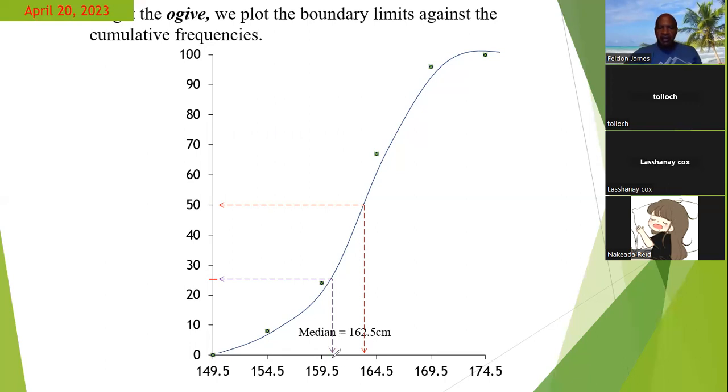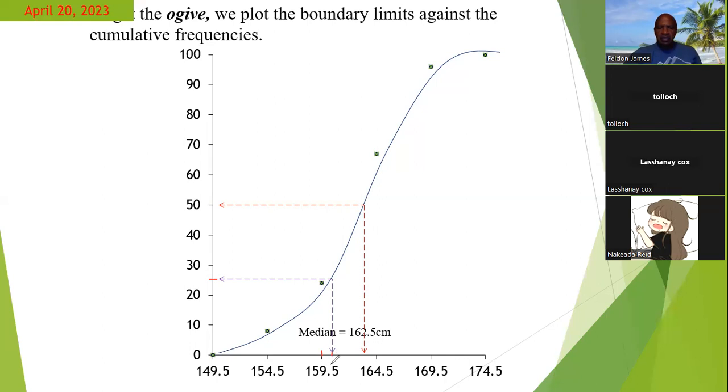So right at this point is 159.5. I would estimate it to be about 160, somewhere around there.